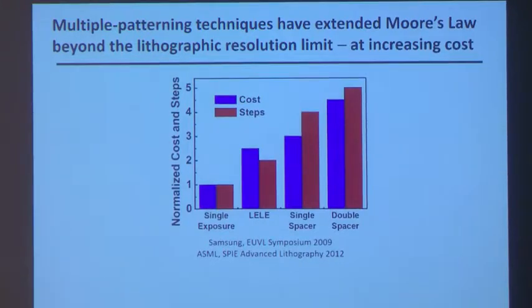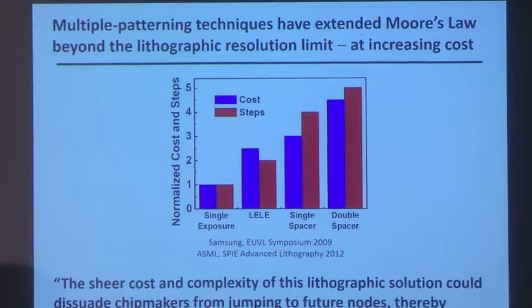Today, it's not uncommon to use 5 masks to pattern one critical layer in an IC. And when I've talked to people in the industry, they are anticipating that in the future, the most dense layers, let's say in the metal, will take over a dozen masks. They will use over a dozen masks to pattern one layer.